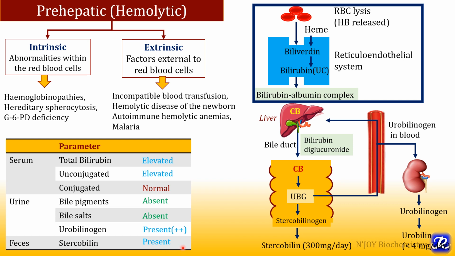Stercobilin will also be present in the feces. So whenever there is increased unconjugated bilirubin along with the absence of bile pigments and bile salts in the urine and presence of urobilinogen in the urine, this indicates prehepatic or hemolytic jaundice.